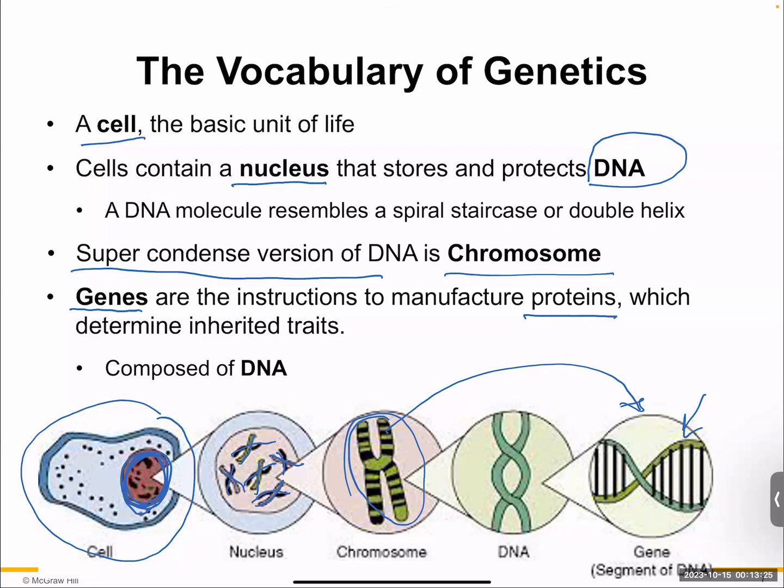And these genes are what you have received from your parents, and you will pass on to your offspring, to your next generation. So this is where that inherited concept comes into place.